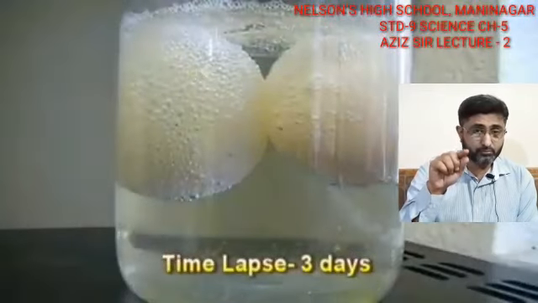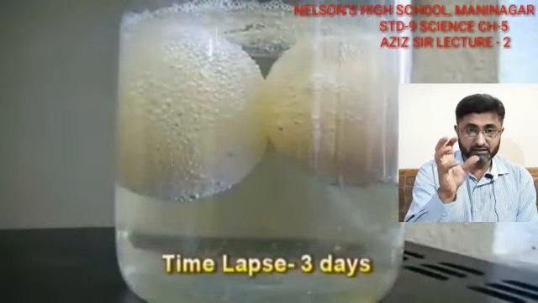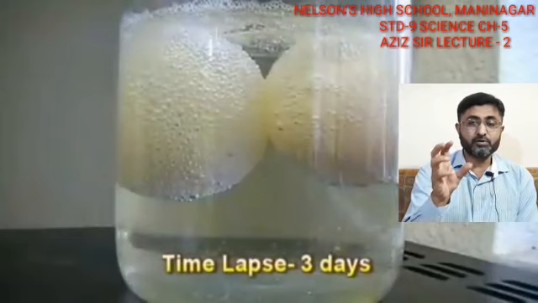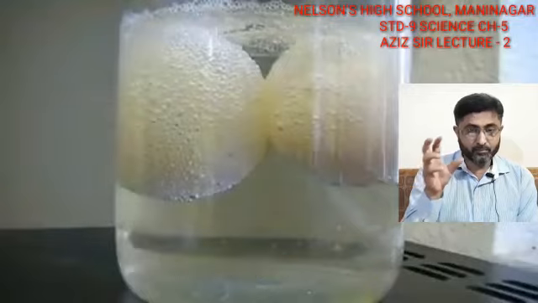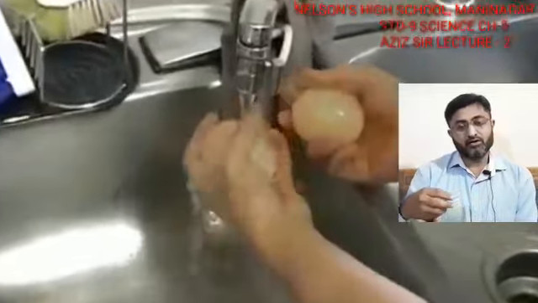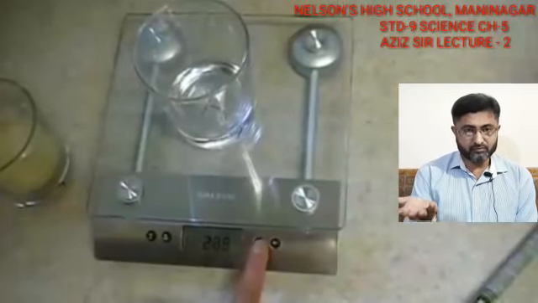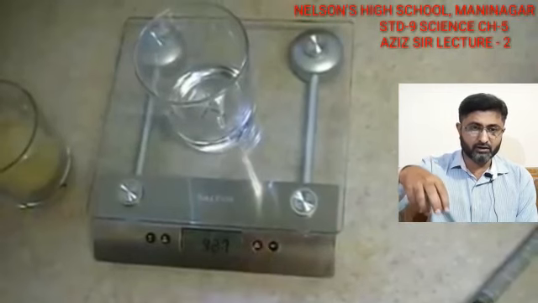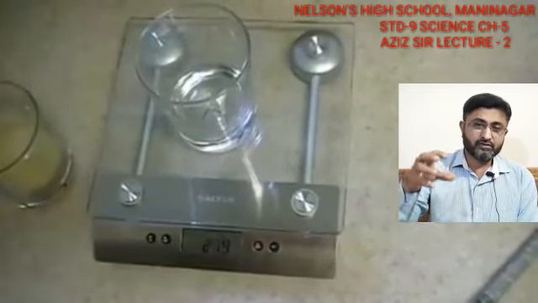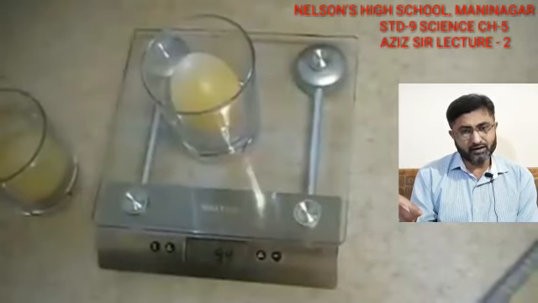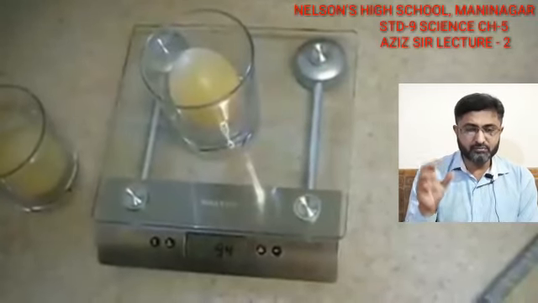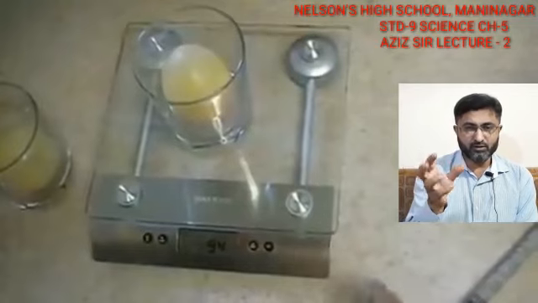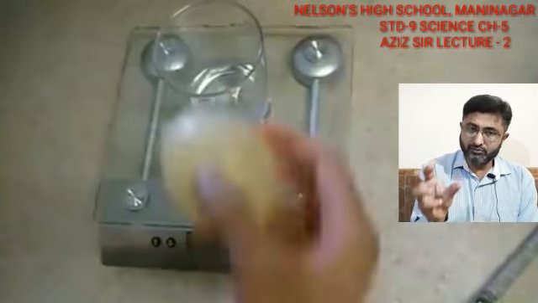Now if you see properly, the inside of the egg is still intact, just because it is covered by the plasma membrane. Fine. Now if we put it on a weighing machine, we will see it is approximately 97 grams, or whatever weight it comes to.